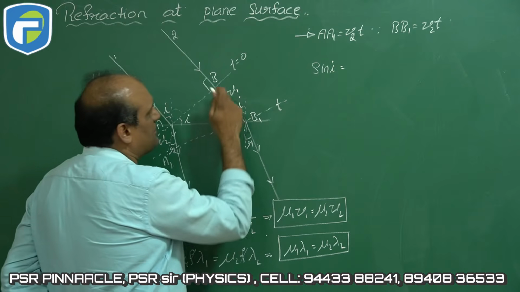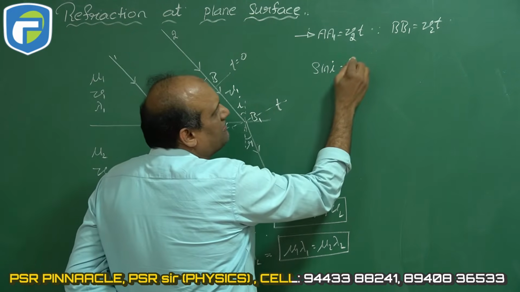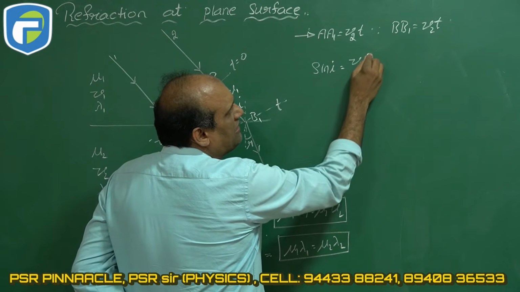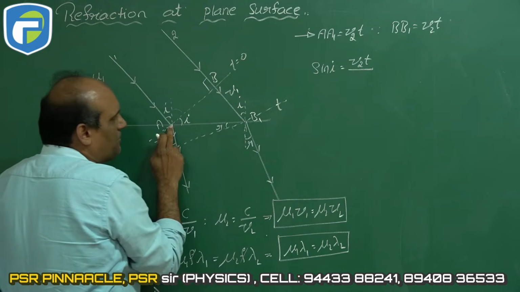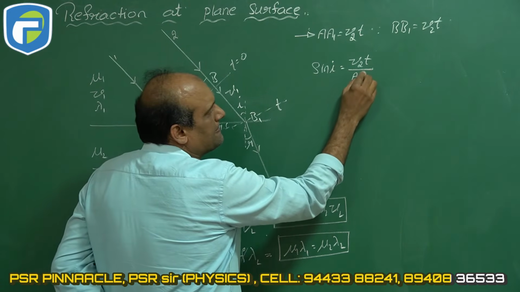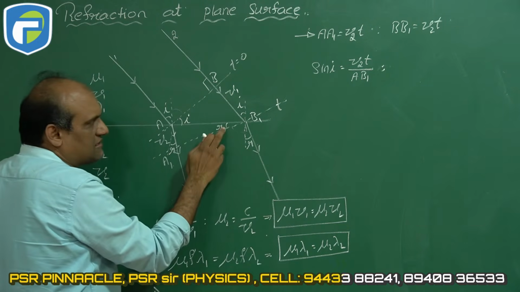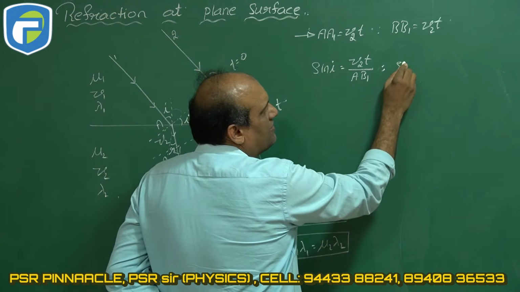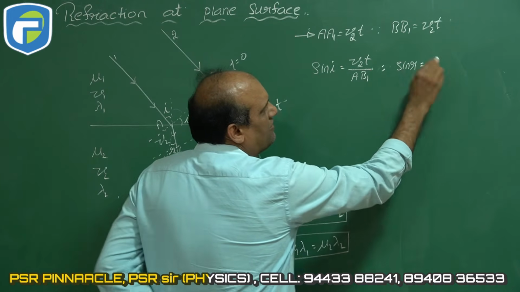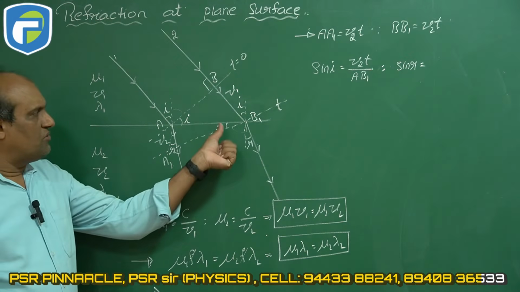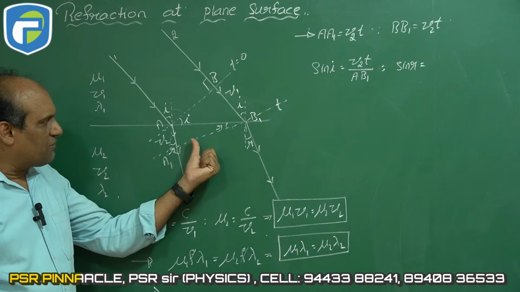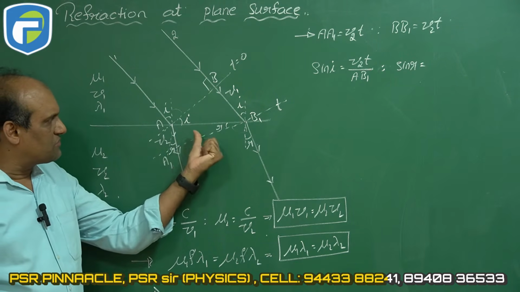Means sin I is B1, that is V2 into T, by the hypotenuse AB1. Now you see sin R equals opposite side by hypotenuse.